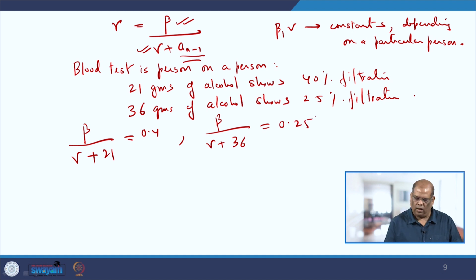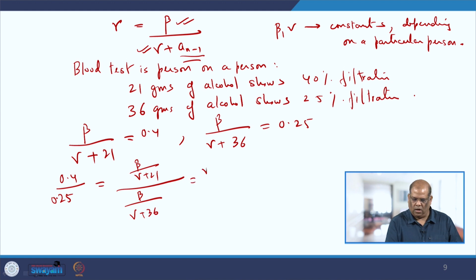So from here if I just divide, I will get 0.4 by 0.25, that is equal to beta by gamma plus 21, beta by gamma plus 36, so gamma plus 36 by gamma plus 21, and that is equal to 8 by 5.